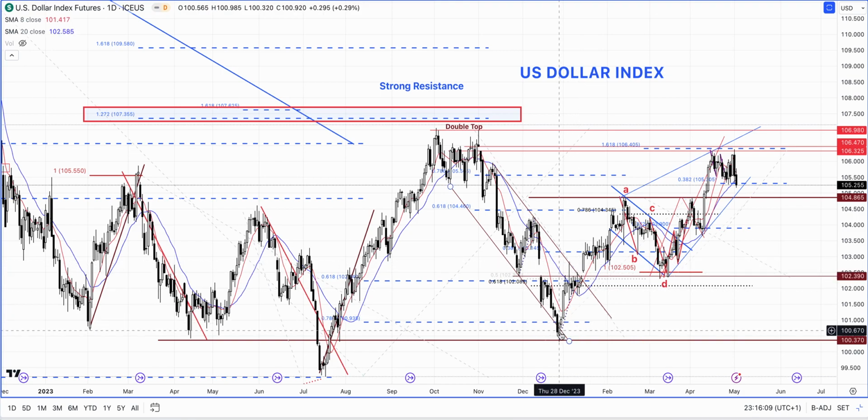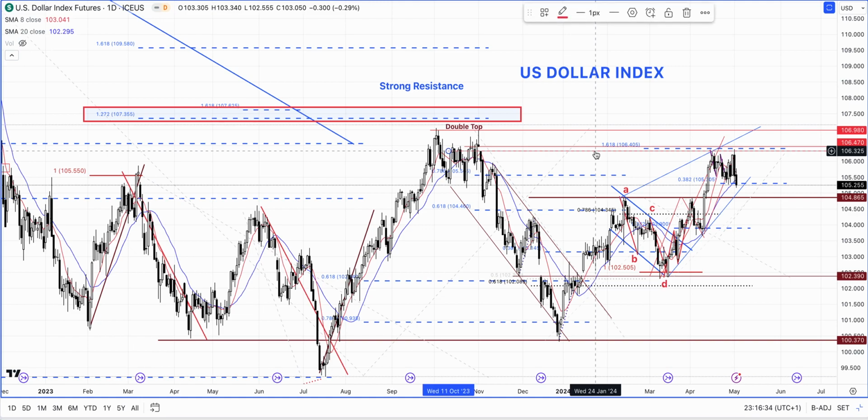And what we have seen is a bottom come in, and then the US dollar rally into the 13th of February, does a correction in this move of this ABCD, moves higher right into this zone, which is actually highlighted by these two red lines.